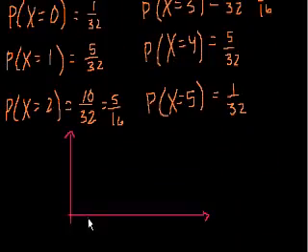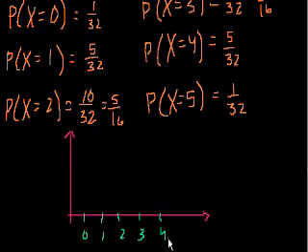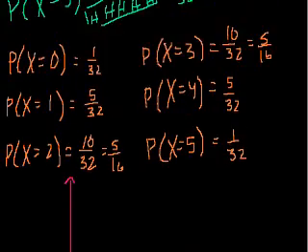So for the probability that it takes on each value, we just draw 0, 1, 2, 3, 4, and 5. And this is for our random variable x, the number of heads in 5 trials. Let me draw the high points first.